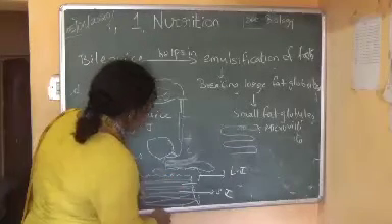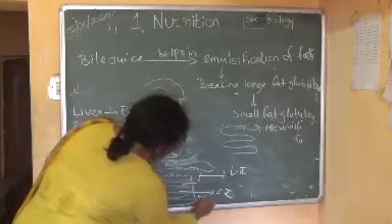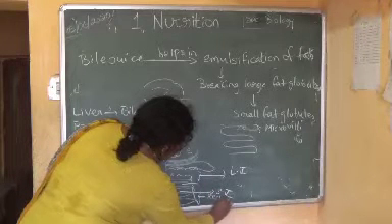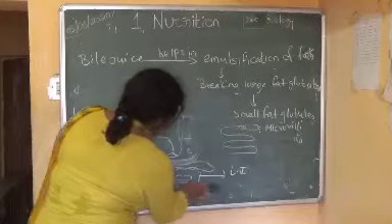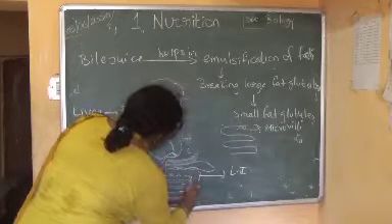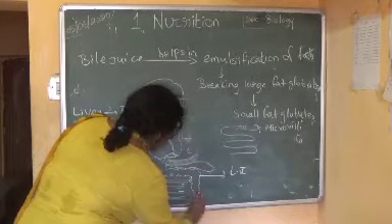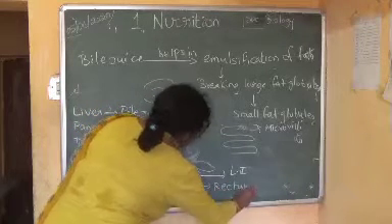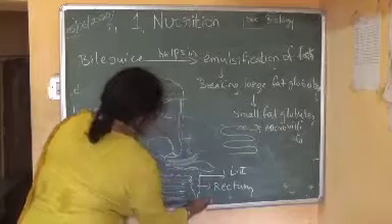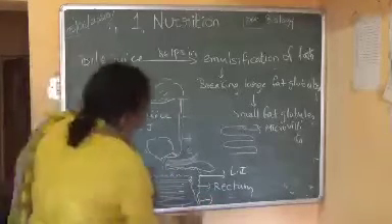Now after that the food moves into the rectum. I'll show you here. This is our rectum. And it comes outside through the anus.